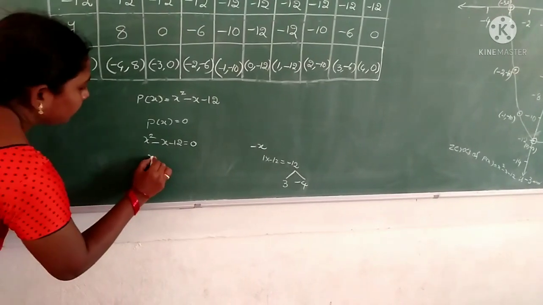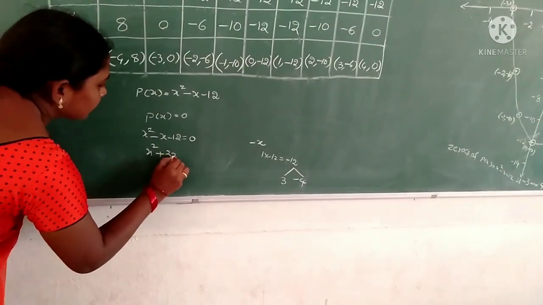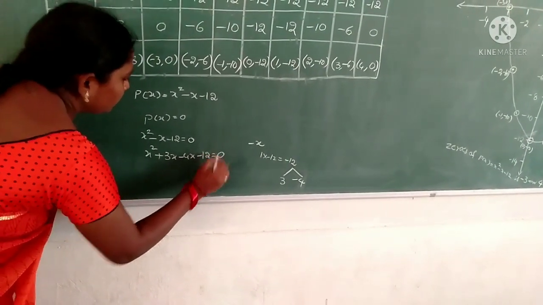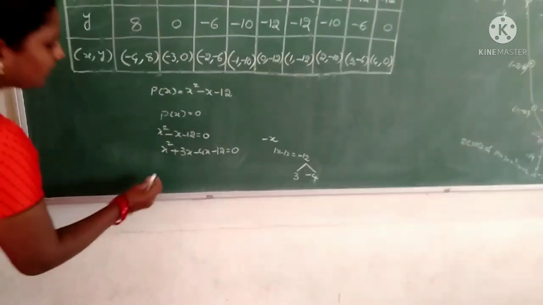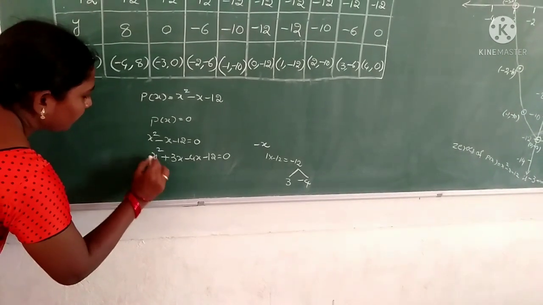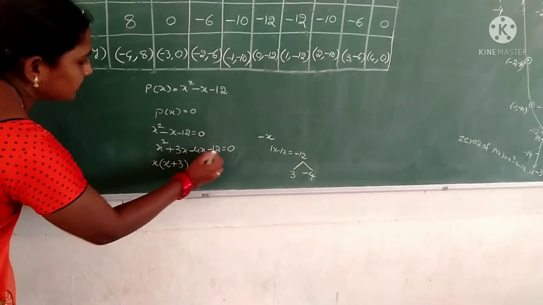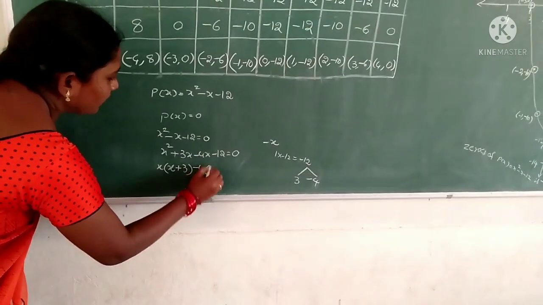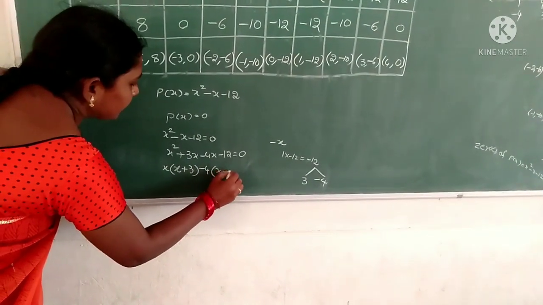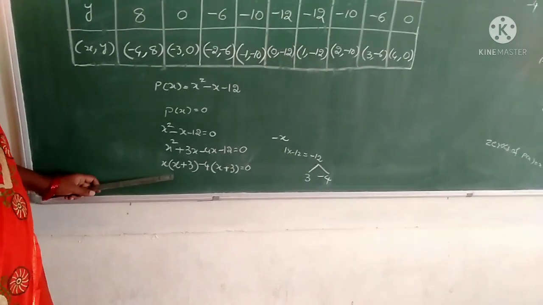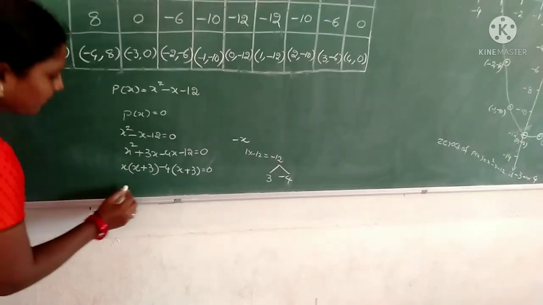Splitting the middle term as plus 3x minus 4x minus 12 equal to 0. Which is the common value? x. So the remaining value is x plus 3. Next common value -4, remaining x plus 3 equal to 0. Next, x plus 3 is the common value.